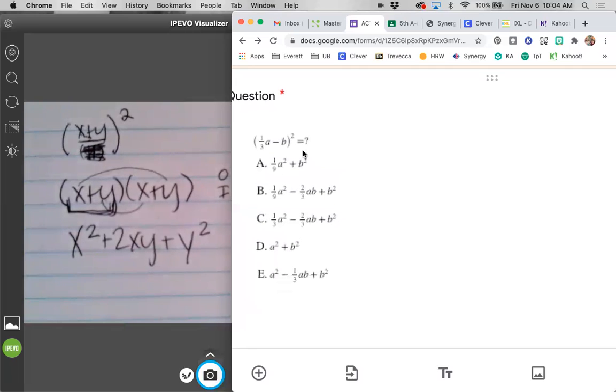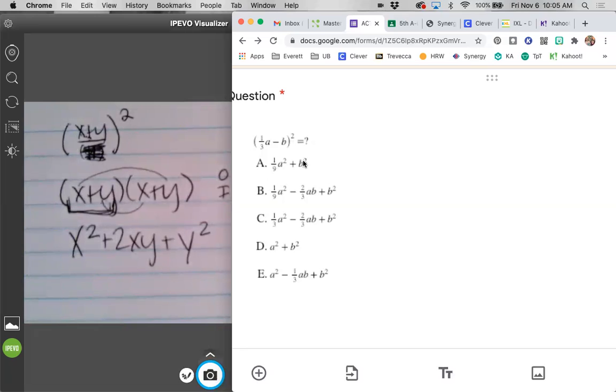Okay, same here. We're going to square the whole thing. So not square 1/3, not square A, not square B, but 1/3 A minus B times 1/3 A minus B. So the same pattern we've been doing. 1/3 times 1/3 is 1/9. A times A is A squared because we square the first term. A and B are the only ones possible after you do that.